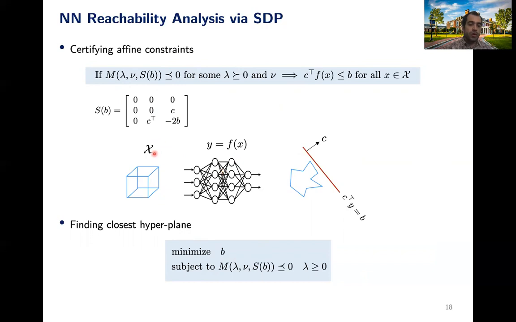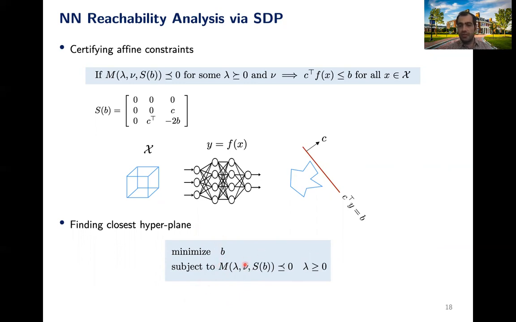So this is a verification algorithm. Actually, we can go beyond verification and do reachability analysis, or we can find the closest hyperplane to the output reachable set by just minimizing B. We note that the linear matrix inequality is actually linear in B, so everything is linear in the constraint. We have an LMI constraint, and the objective is the offset of the hyperplane.